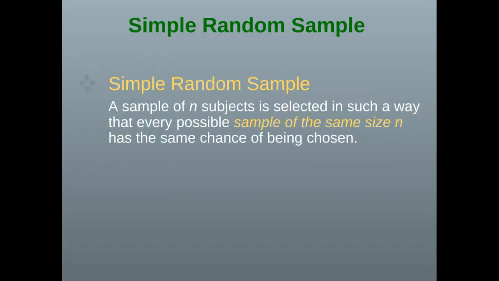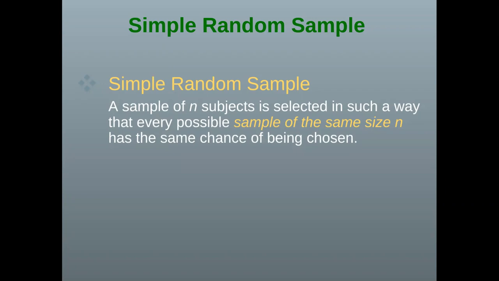Our methods of sampling. Okay, this is how we are collecting these samples. In an ideal, perfect world, which we obviously do not live in, we would use a simple random sample. Okay, so this is a sample of n subjects. So n is just a number, right? So it's the number of things that we are looking at, selected in such a way that every possible sample of size n has the exact same chance of being chosen.